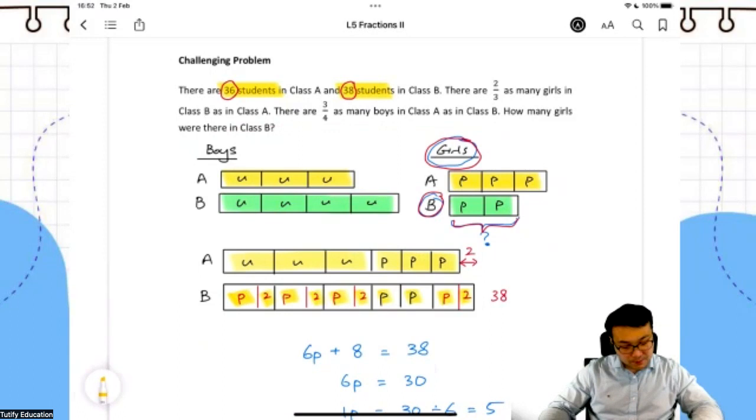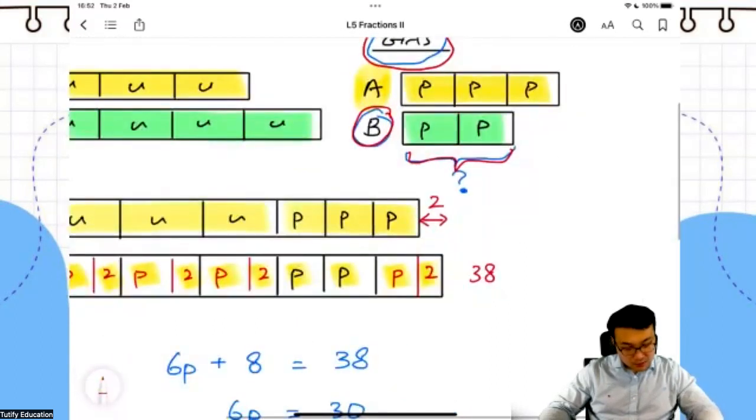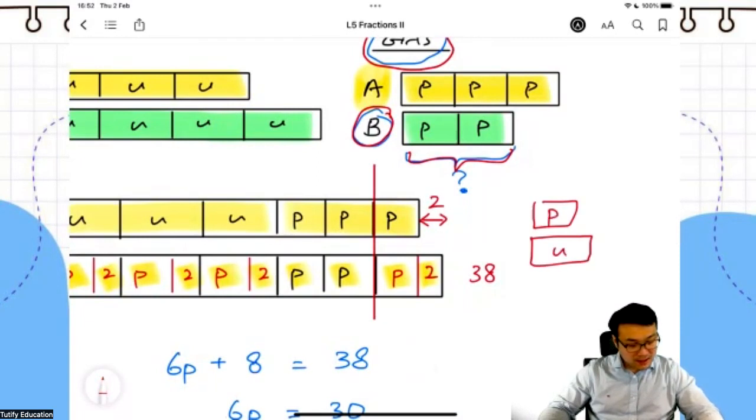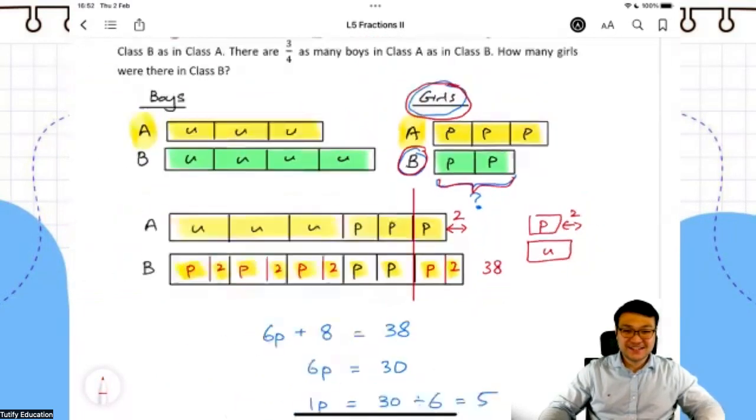Okay, this is the boys and the girls from class A, right? And then for class B, I'm combining 4 units and 2 parts, right? Okay. That actually helped me to align them. I align them like this, and I very clearly compare the difference between 1 unit and 1 part. Okay? All right. Well done.